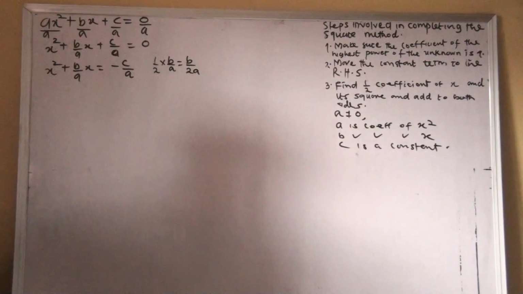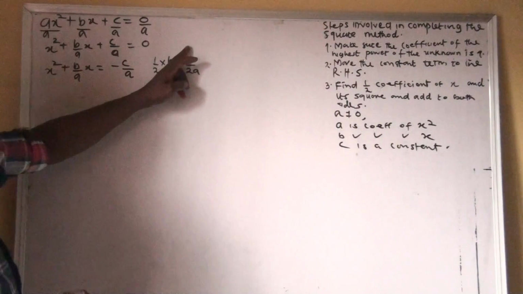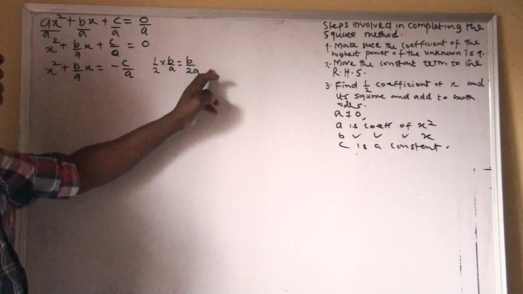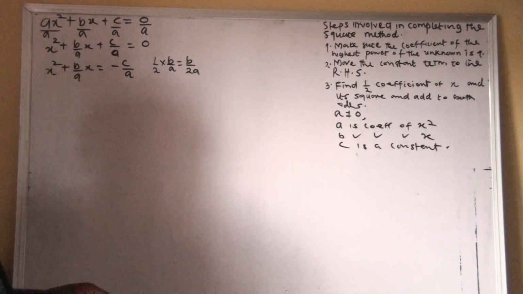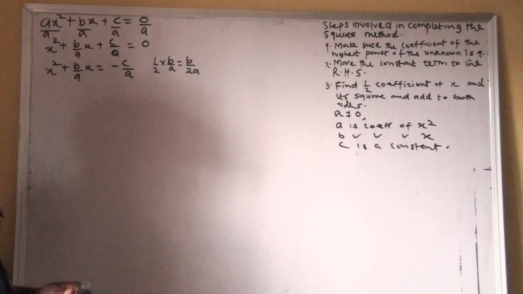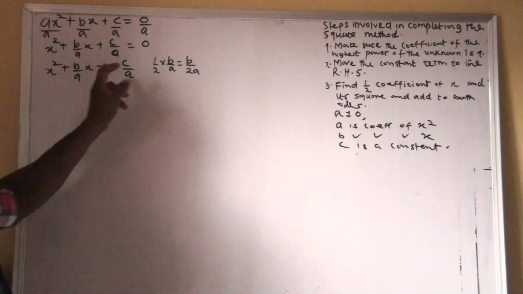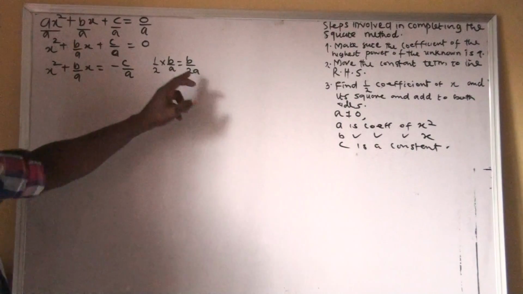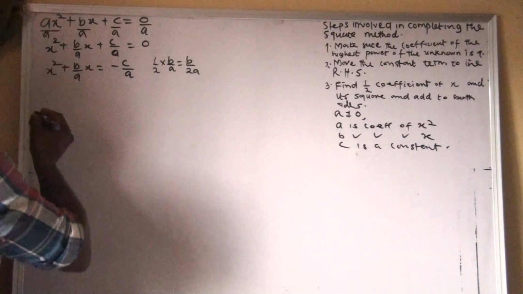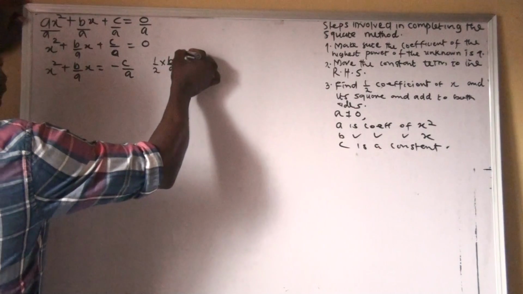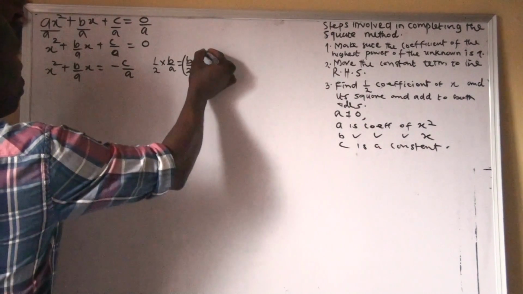So we will square half of this coefficient of x and add it to both sides. Half of this, we square it and add it to both sides.